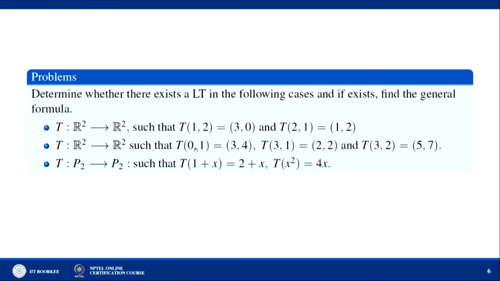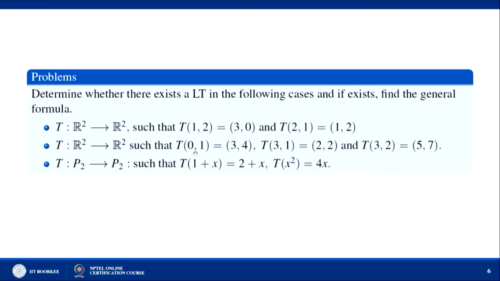Now, if you see the second example, here 3 elements are given to you: T(0, 1) is (3, 4), T(3, 1) is (2, 2), and T(3, 2) is (5, 7). Of course, (0, 1), (3, 1) and (3, 2) are not linearly independent, because the dimension of R2 is only 2 and here we have 3 vectors.